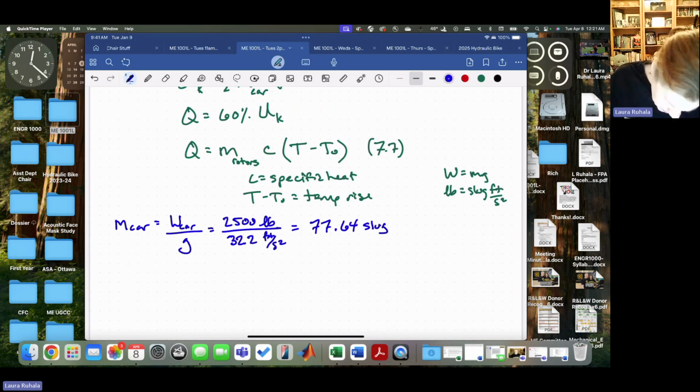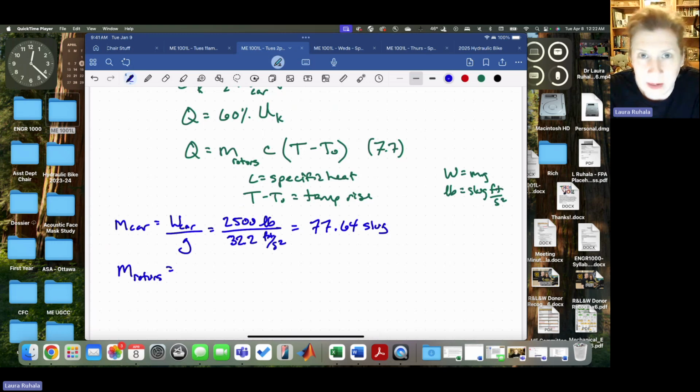Mass of the rotors. When you get into this, you will find out that when you're using these thermal units of pound and pound mass, they're actually going to be equivalent in value.